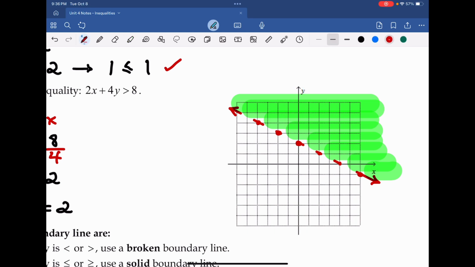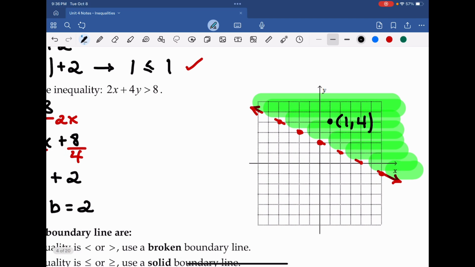Awesome. And then now we just want to pick any point in here to verify that it works. If we know that y is above the boundary line, I'm going to choose some point. Let's say I choose 1 and 4 up here. I'm going to plug 1 and 4 into the inequality and see if it satisfies it.